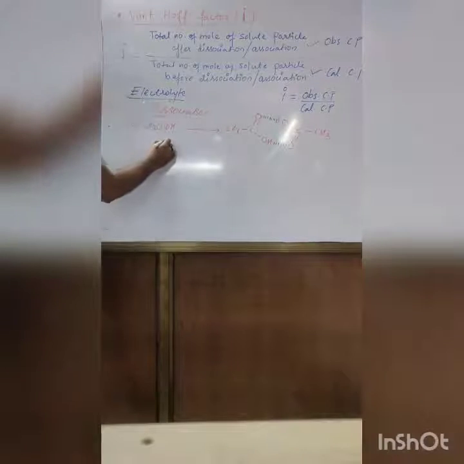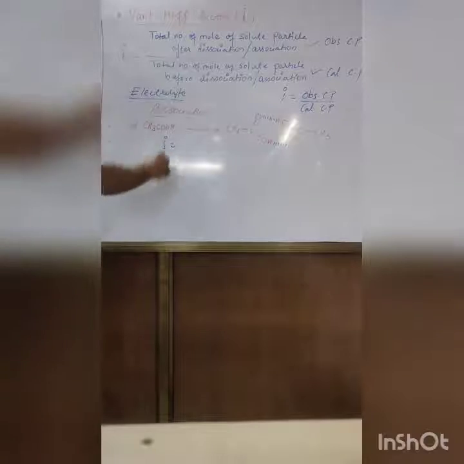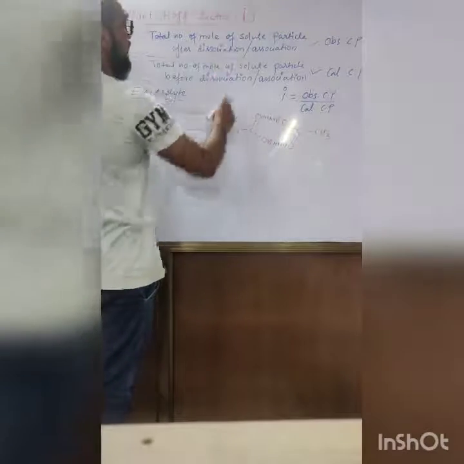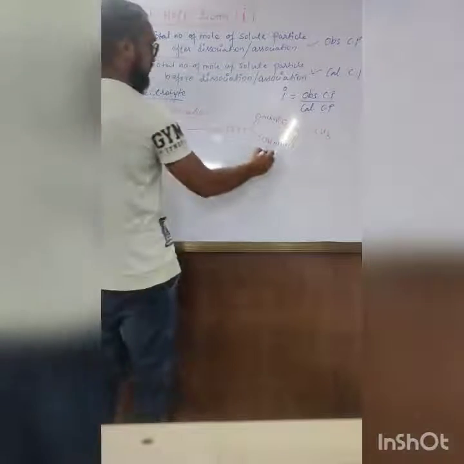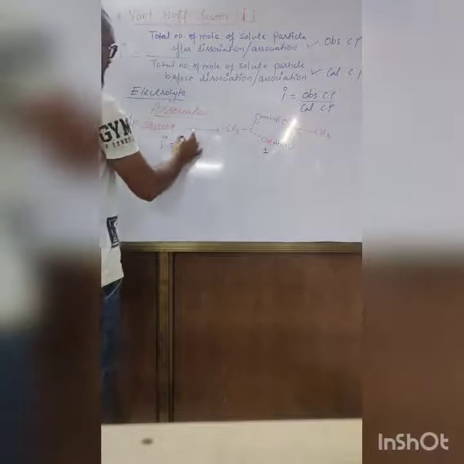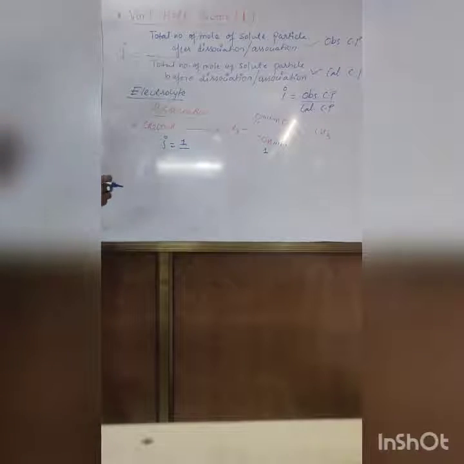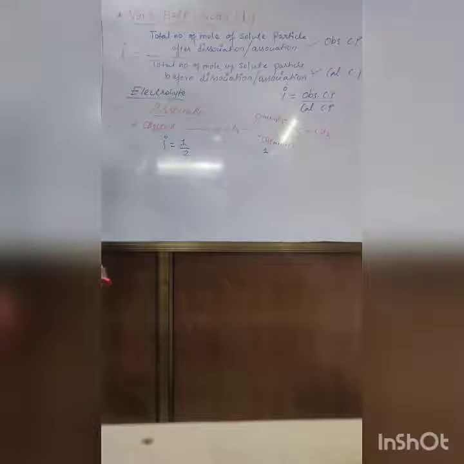Now, if we calculate the i value for this, the total number of moles of solute particles after association is only 1, upon the total number of moles of solute particles before association, which is 2. So the i value will be 1 by 2.